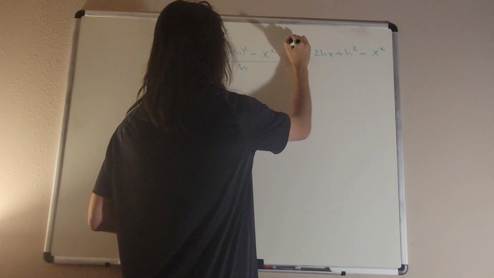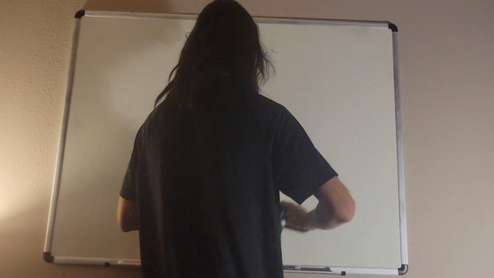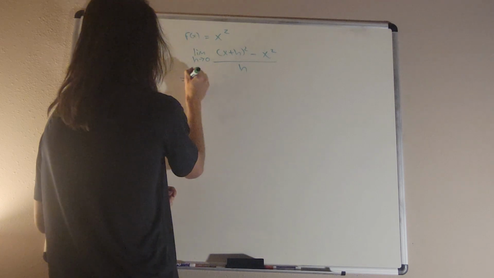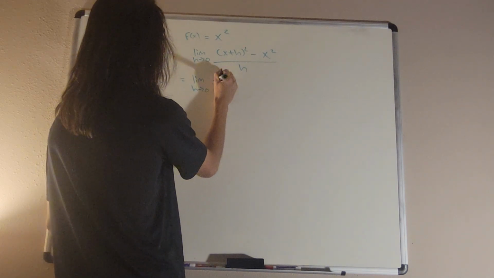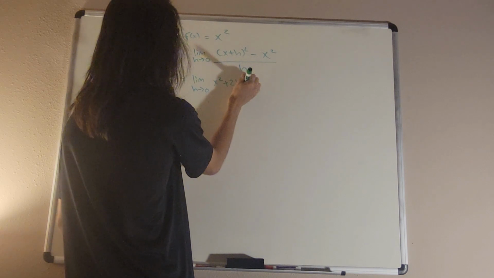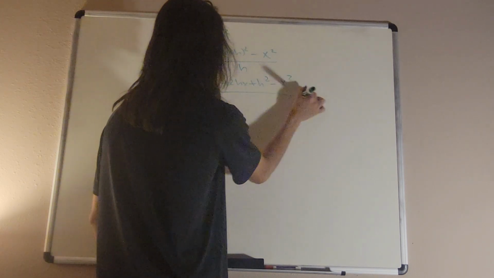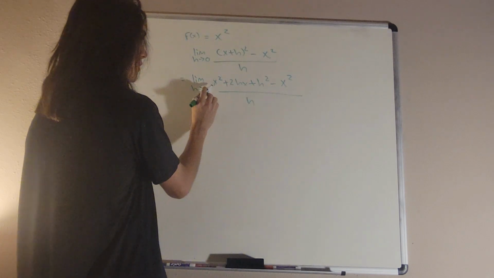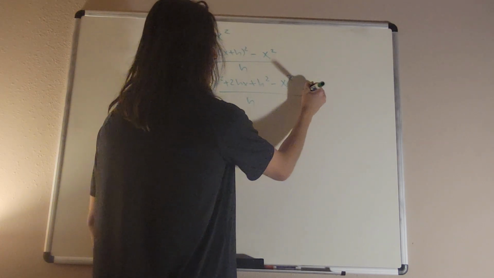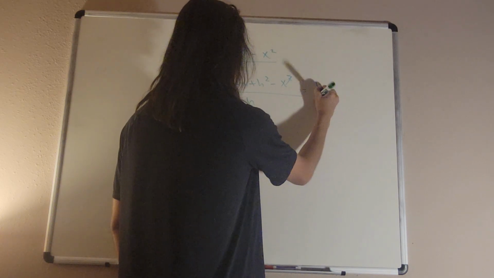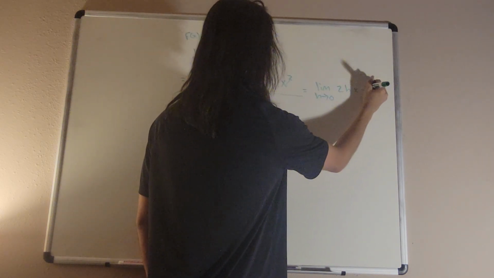Ooh. I don't think I have enough room for that. So this is equal to the limit as h approaches 0, x squared plus 2hx plus h squared minus x squared over h. We can cancel the x squared and the negative x squared out. That leaves us with the limit as h approaches 0 of 2hx plus h squared over h.